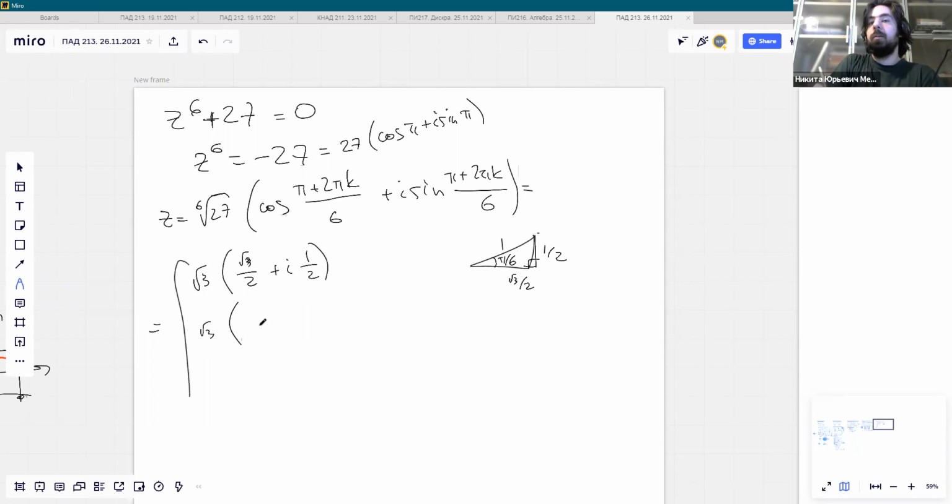Now the next value. If I add 2 pi here, then I get 3 pi over 6, which equals pi over 2. So cosine is 0 and sine is 1, so that's simply i.